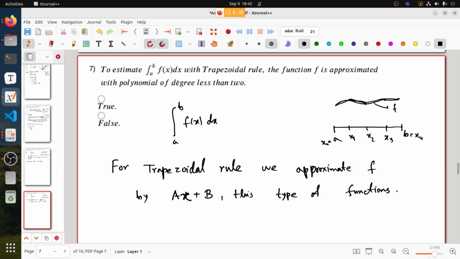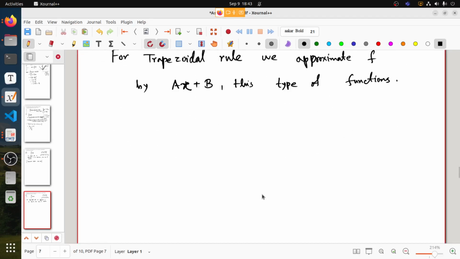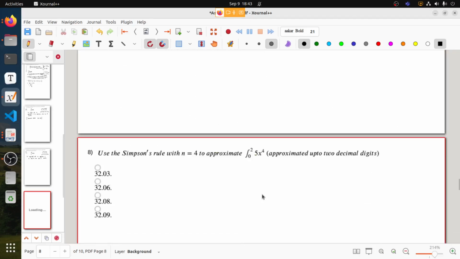Here it is saying that to estimate this with the trapezoidal rule, the function f is approximated by a polynomial of degree less than 2, right? So here we have approximated by degree 1, right? So it is true because it is of degree less than 2. So question number 7 is done. Now move to question number 8.